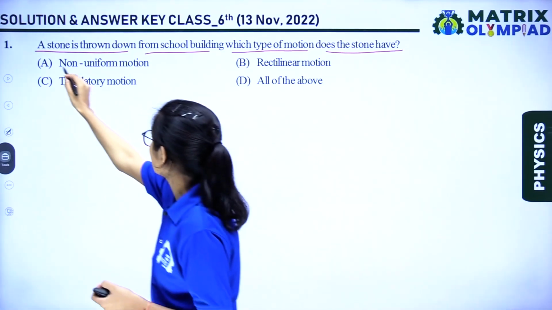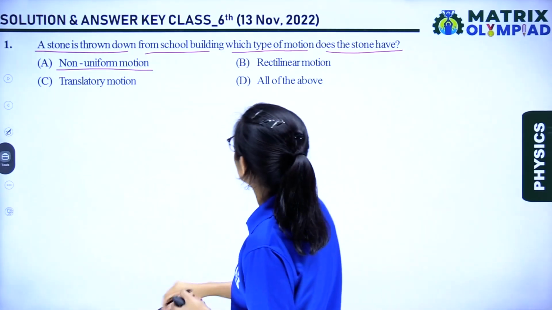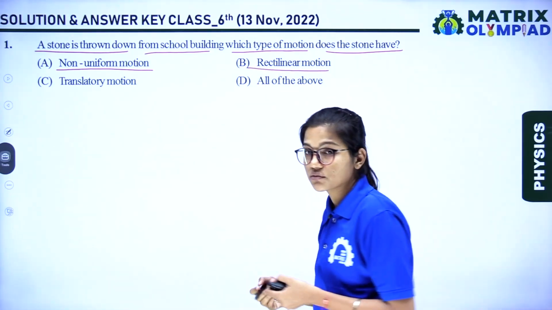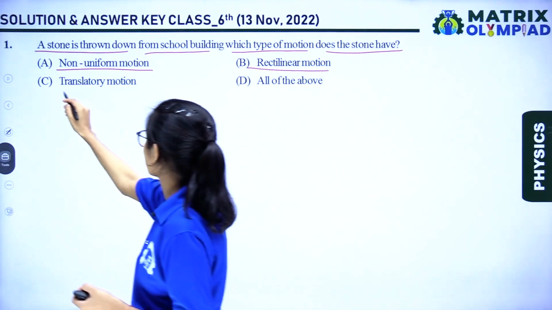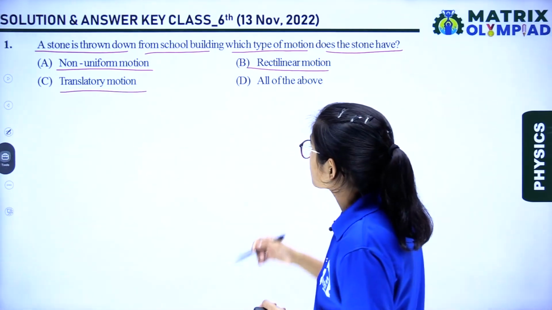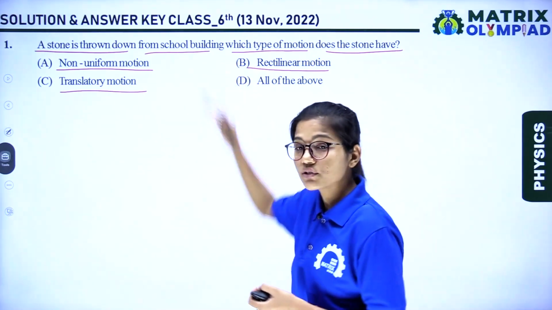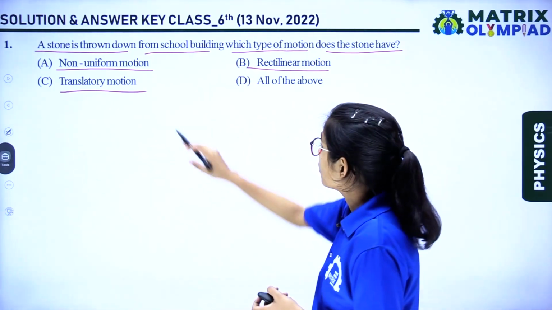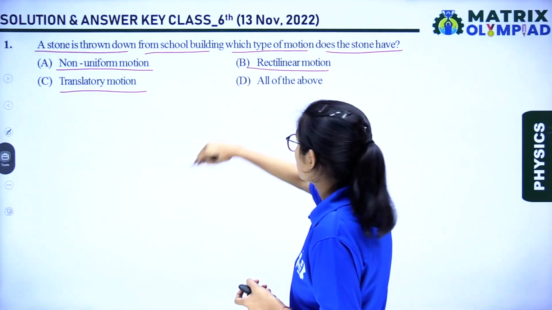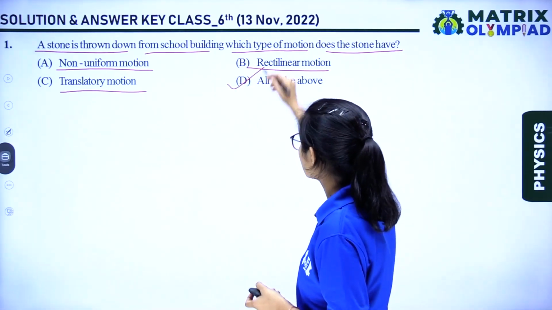So basically it is a non-uniform motion. Then if I'm talking about rectilinear motion, in rectilinear motion our object just moves in a straight line, and in translatory motion the object transfers from one place to another place. So in the first question, if a stone is thrown down from a school building, then all of these motions will be done by that stone. So for the first question our answer will be option D.